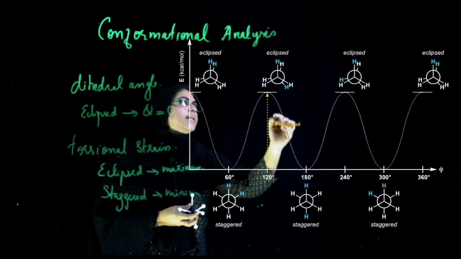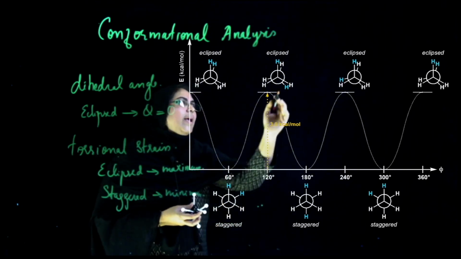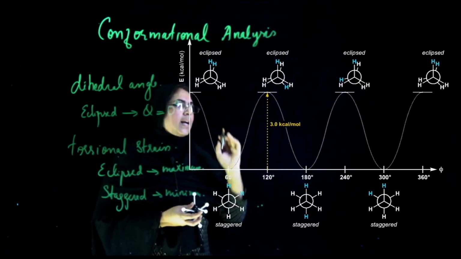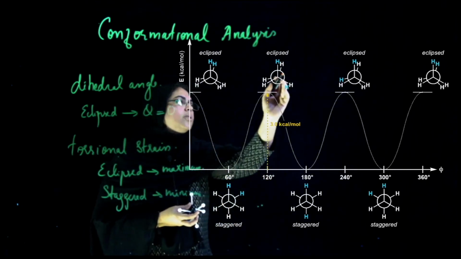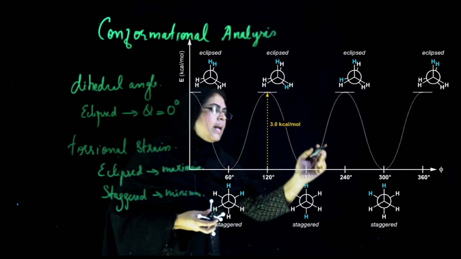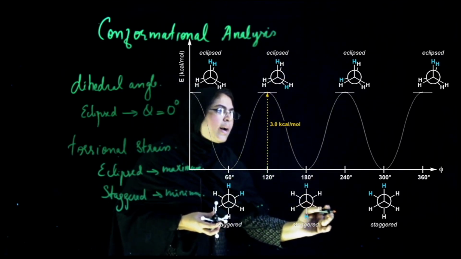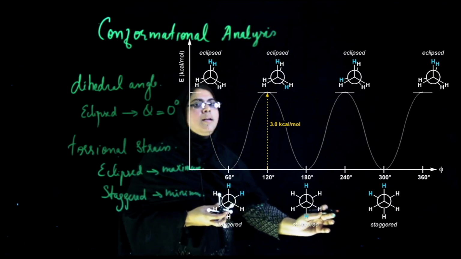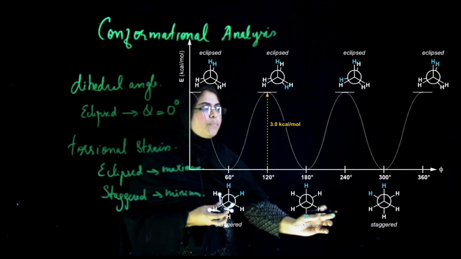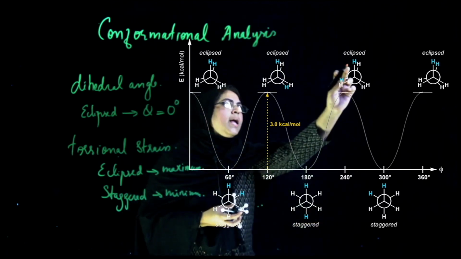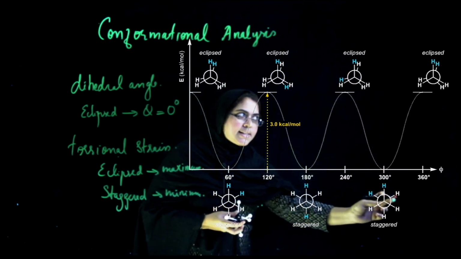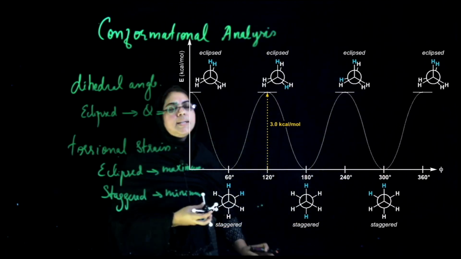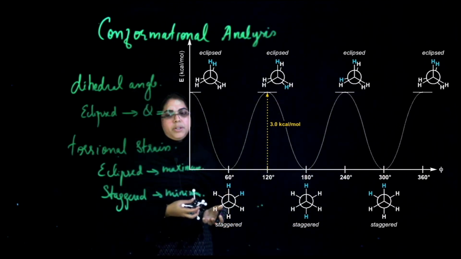Again, when it rotates to 120 degrees, we can see that it is eclipsed, so the energy is maximum. Then again it is rotated by 60, that is 180 degrees, and we get a minimum energy staggered conformation. Then 240 eclipsed, 300 staggered, and at 360 the eclipsed conformation.